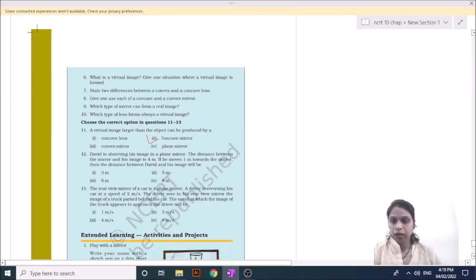David is observing his image in a plane mirror.